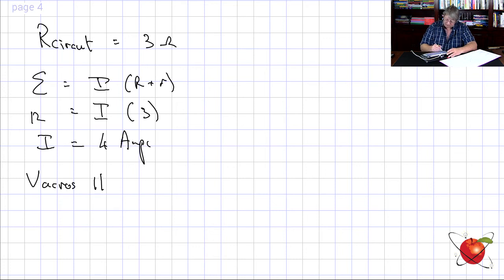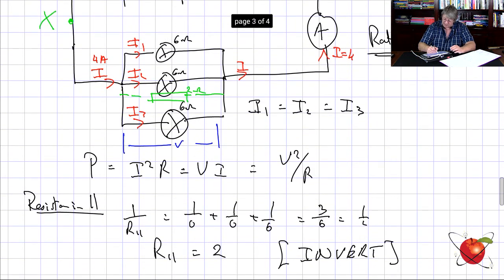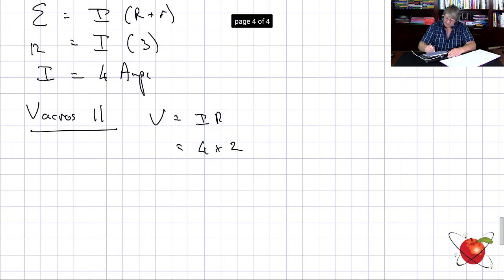V across parallel is V equals I R. I is 4 times R was 2. I think. Let me go back and check. Yes, there it is. Can you see? There it is. It's my 2. So I go back and I say that is going to be equal to 8 volts.